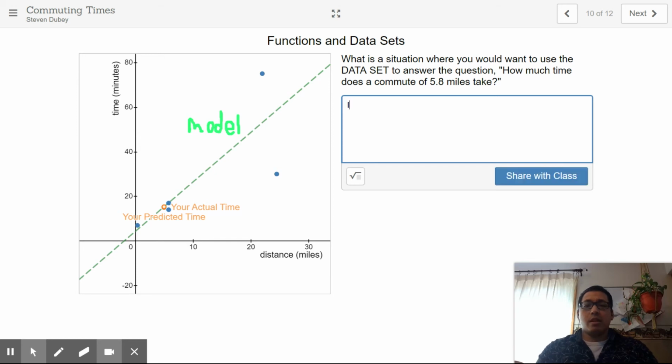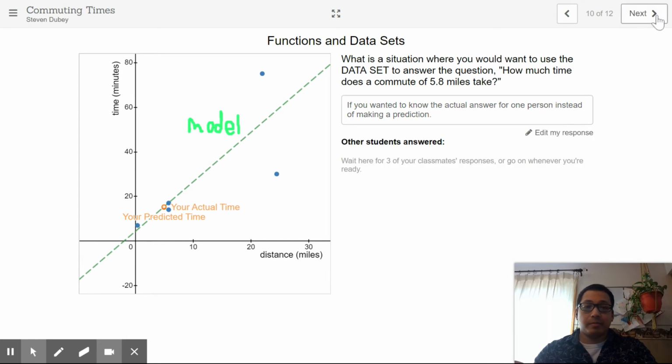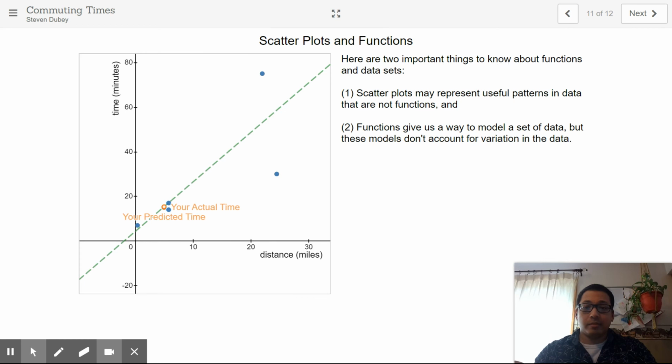Well, if you wanted to know how long it actually took someone, the actual answer for maybe one person, as opposed to making a prediction for someone else who lives the same distance away. And we look at the data.